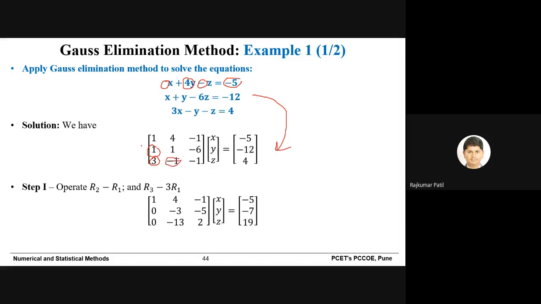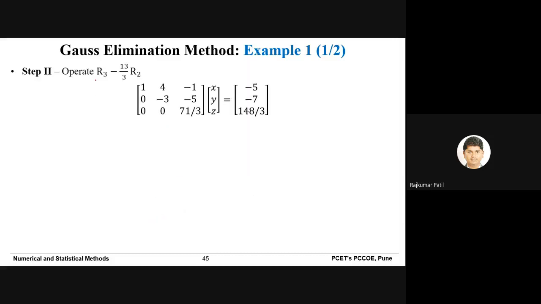For example, this is the main diagonal of this matrix, and below it we have what we call the lower triangular part. We will make these three values 0. So in step 1 we perform R2 minus R1 and R3 minus 3R1, which helps us make these two values 0.